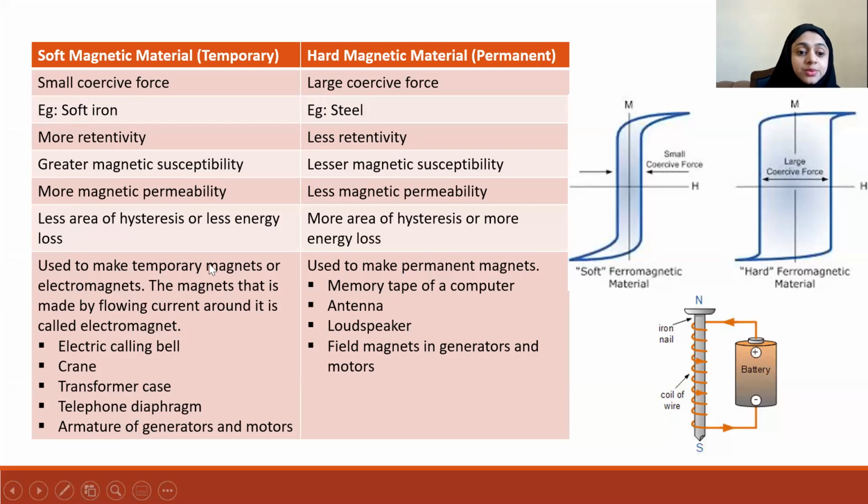Now, all these temporary magnets are usually used in electric calling bells, cranes. What is a crane? It's used to remove a car, maybe, which has undergone an accident. So when a crane comes, it contains a soft magnetic material or an electromagnet.